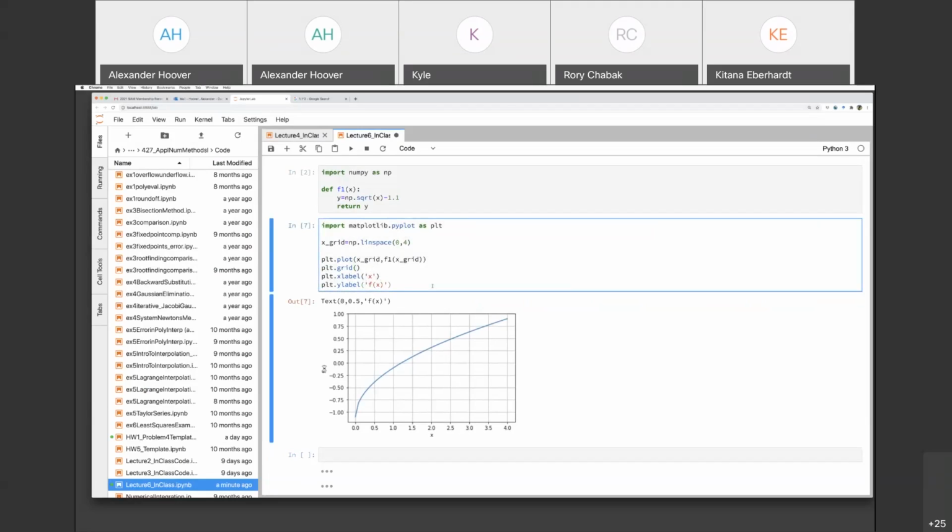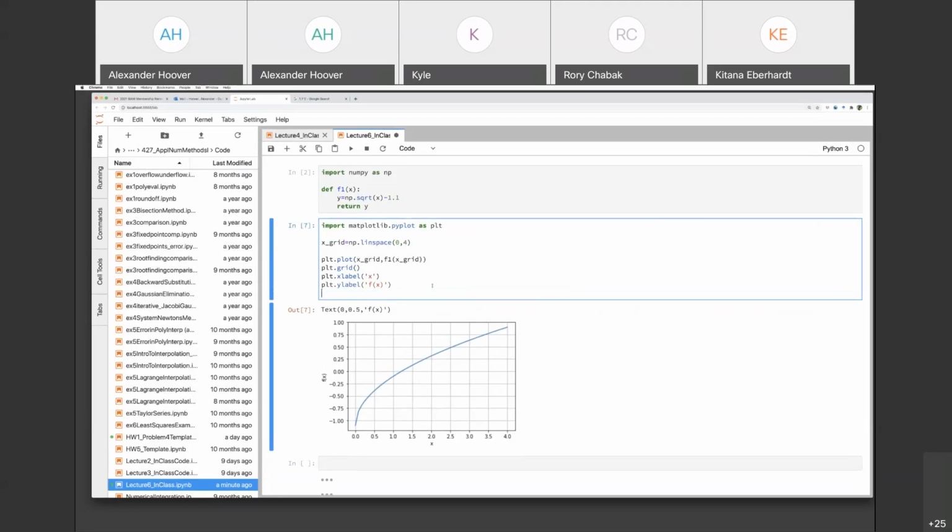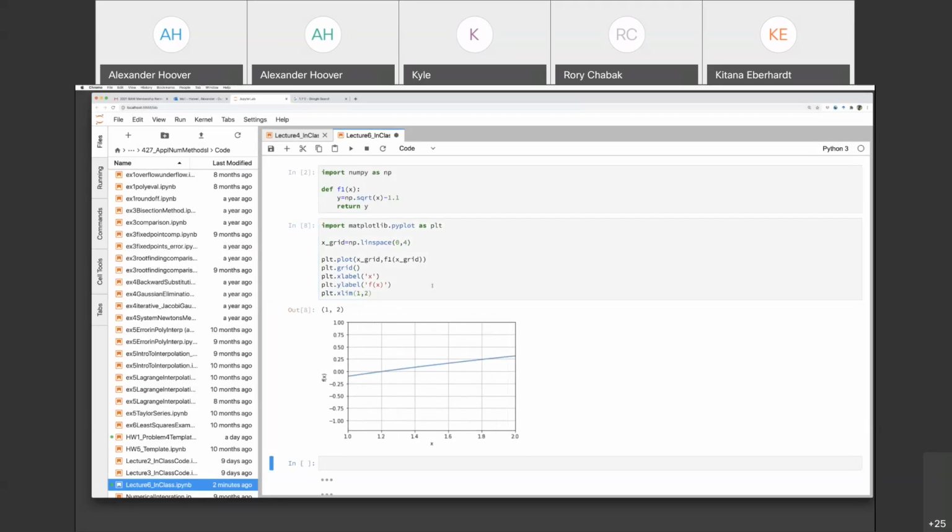And you can do a lot of different things. So if I really wanted to look at the domain, I would maybe set xlim to be 1 and 2, and that would spread the plot that I'm plotting over the domain from 1 to 2, right?